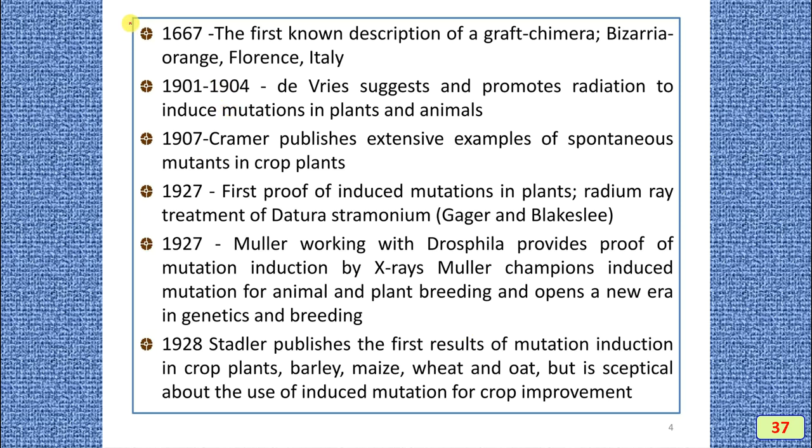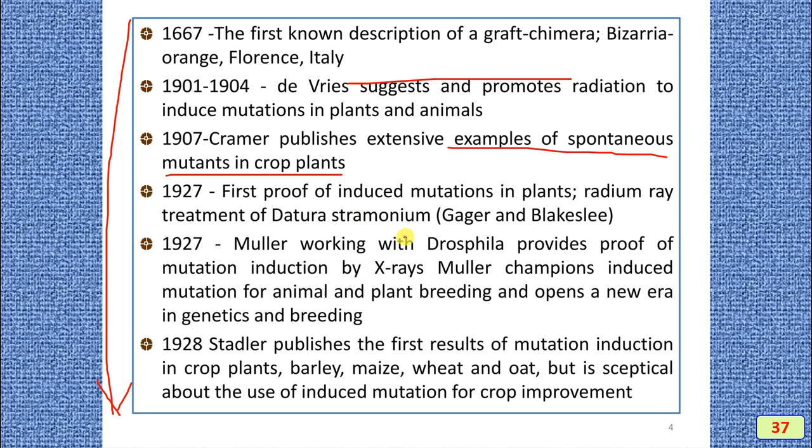So chronologically, many events happened, and in 1907, extensive examples of spontaneous mutants in crop plants were evaluated.